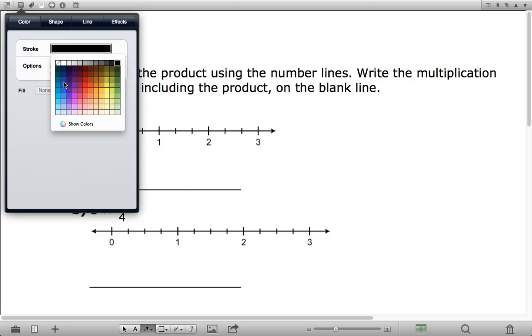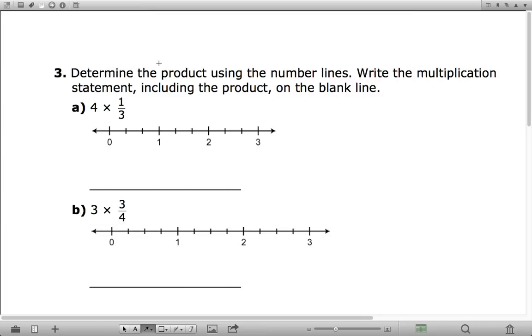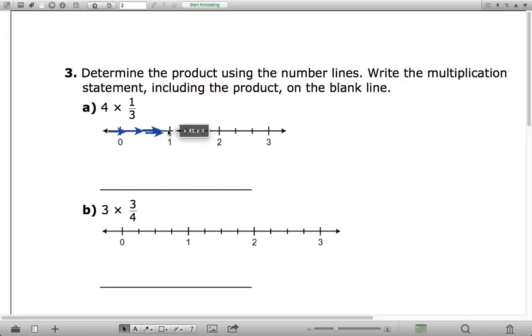Okay, so let's get some blue, and let's make sure the shape is thick enough so it's easily seen. Okay, so let's make 1/3, and now let's just copy and paste. We've got 2/3, 3/3, and 4/3.